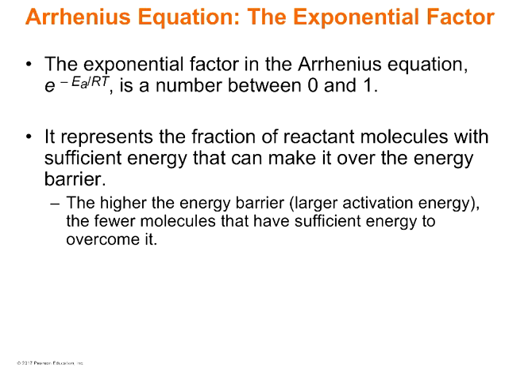All right, so remember that the Arrhenius equation told us that k is equal to a frequency factor A times an exponential factor, which has negative Ea over RT in the exponent. And Ea was our activation energy, R was the gas constant, and T is the temperature.